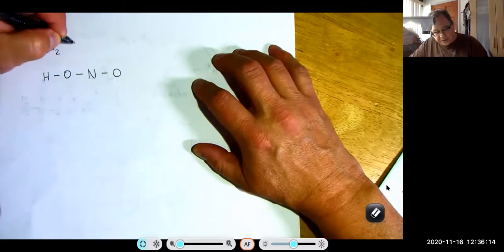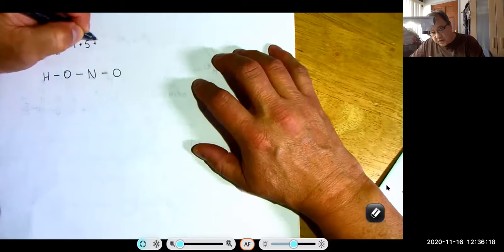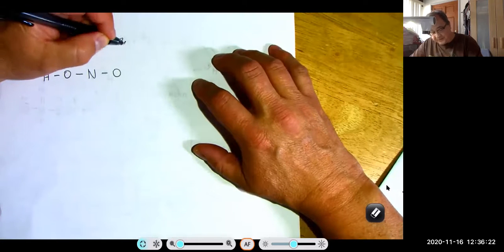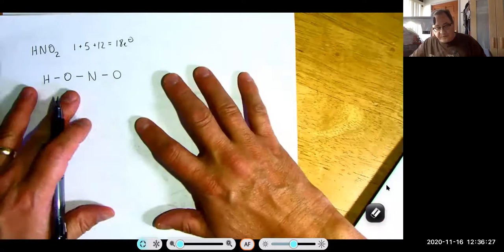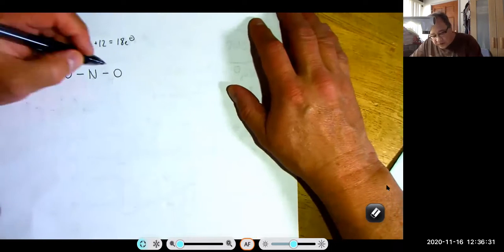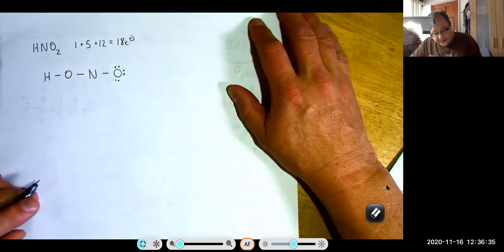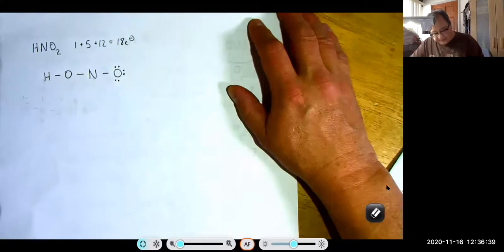1 for the hydrogen, 5 for the nitrogen, and 12 for the two oxygens, for a total of 18 electrons. Once we've done this, we start putting lone pairs on the surrounding atoms. So here, 1, 2, 3, 4, 5, 6, and now we have 8 on that oxygen.